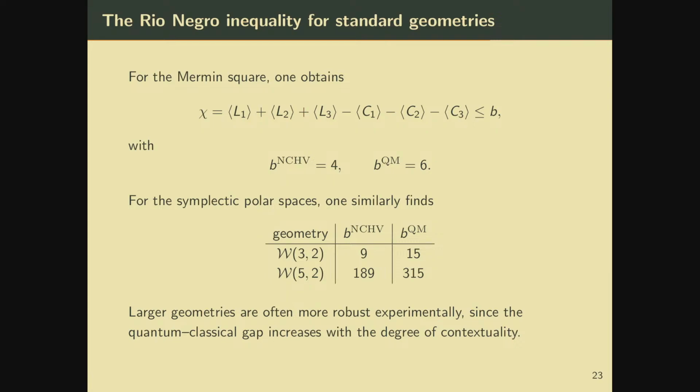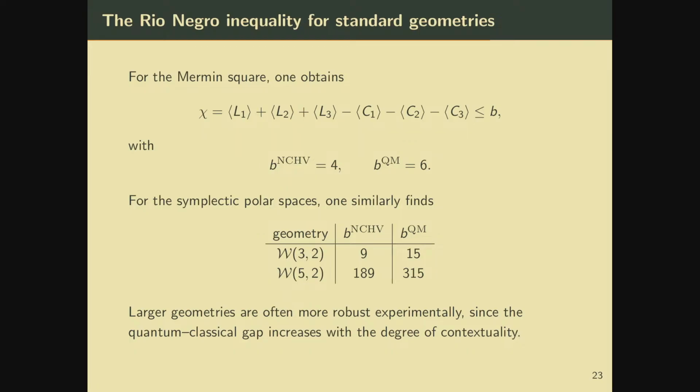And yesterday we discussed a couple of geometries. I introduced symplectic polar space of rank 2 and of rank 3 to describe the commutation relation of the 2-qubit and 3-qubit operators. And in the discrete phase space of Andrei this morning, that was corresponding to the rays that you could find. Well, for this geometry, if instead of taking only the 6 contexts of the Mermin square, you take the 15 lines of this doily, then the classical bound is 9, the quantum bound is 15.